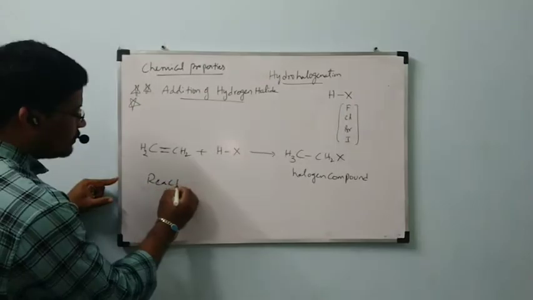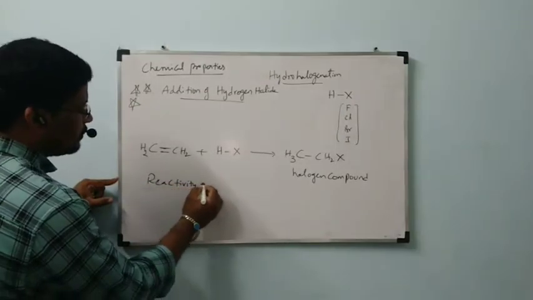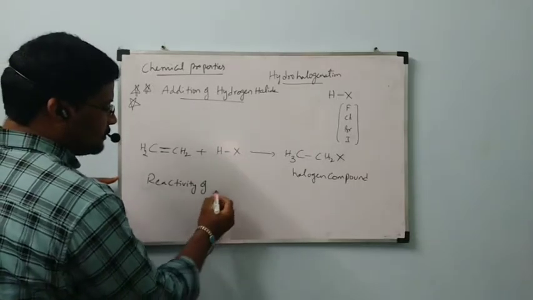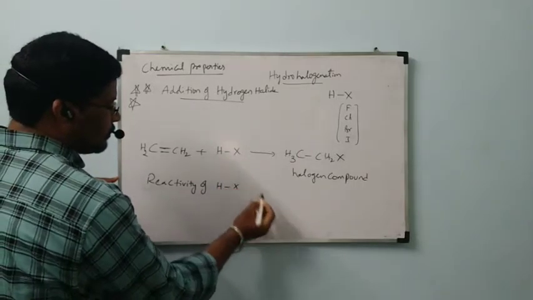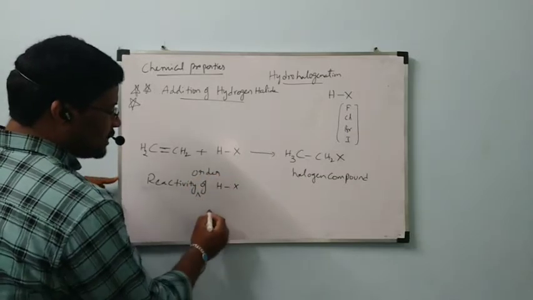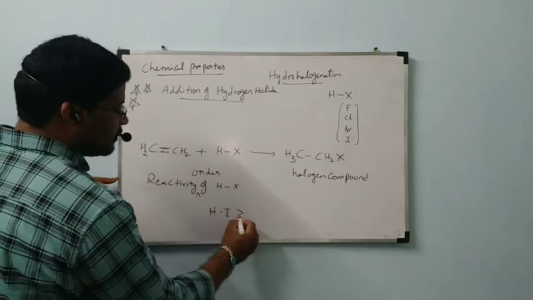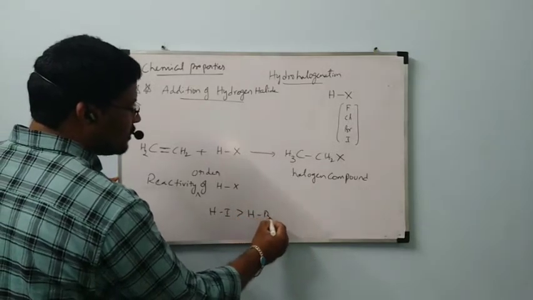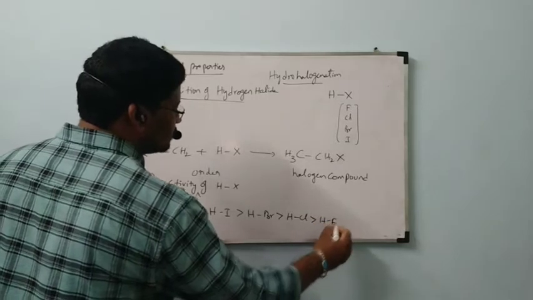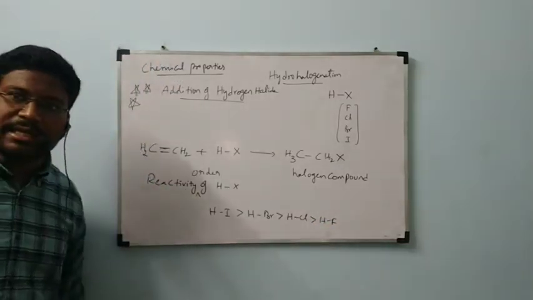Now, the reactivity order of HX, ma, is HI greater than HBr greater than HCl greater than HF, showing which will undergo reaction easily.